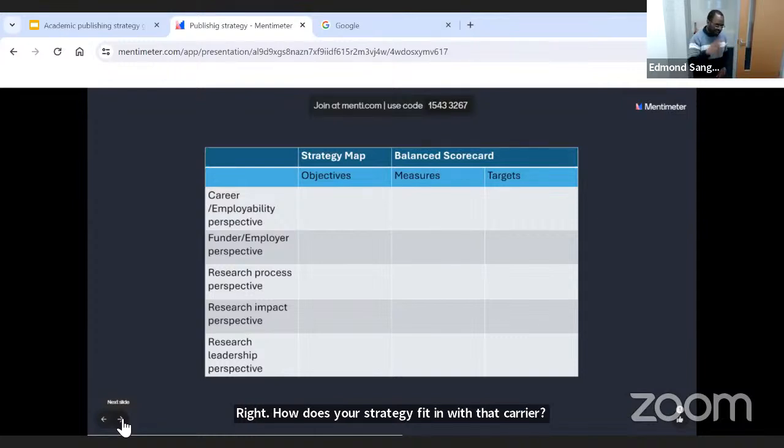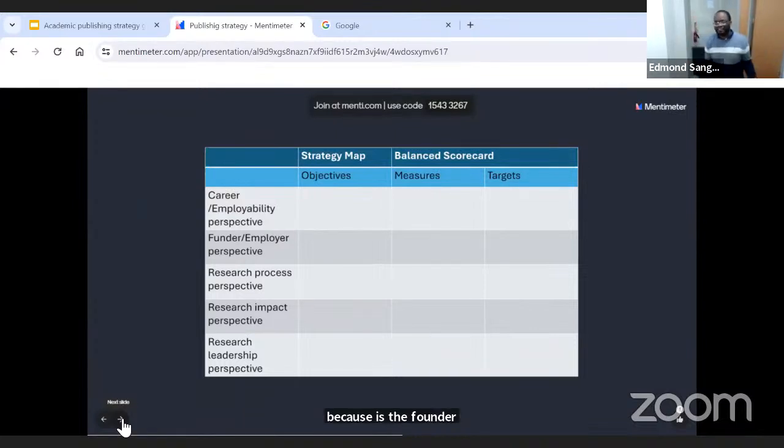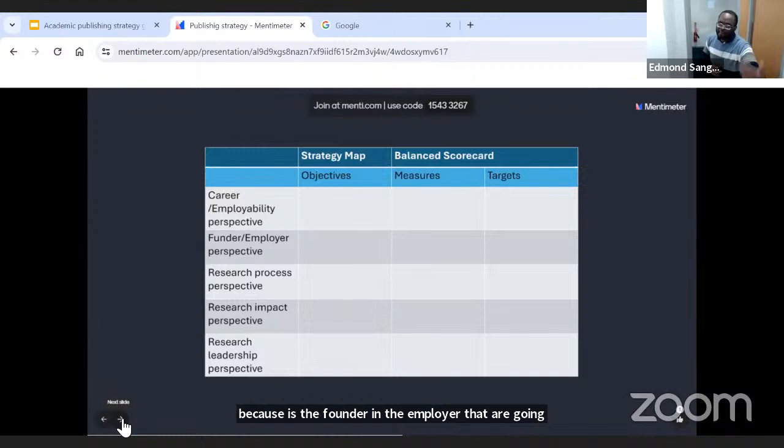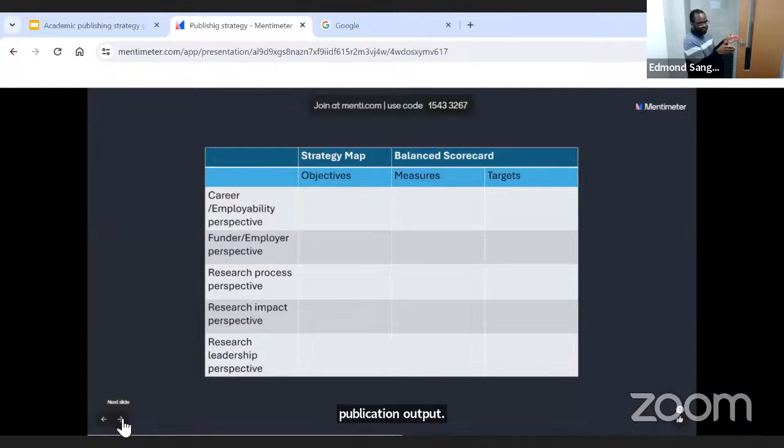Next, you look at the funder perspective or employer perspective, because it's the funder and the employer that are going to make it possible for you to use the skills that you have demonstrated in your publication output. It's the funder and the employer that are going to recognize, value, and reward that publication output. So you now need to look at your publication objectives using that perspective of the funder.